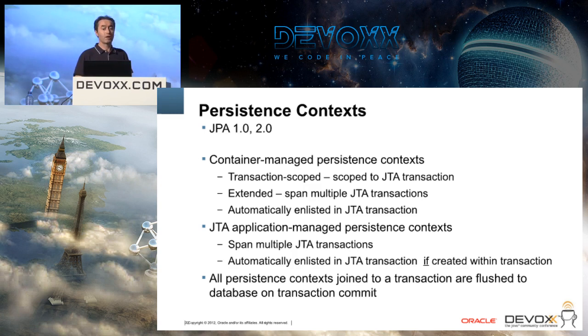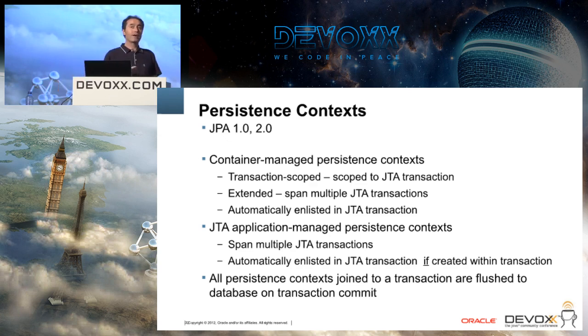In the application managed persistence context, again, they can span multiple JTA transactions, and they would be automatically enlisted in a transaction if you created it when there was a transaction. So if you're in a method in an EJB where there's no transaction active and you create an entity manager, it would not be attached. There's nothing to connect it to. You could join it later yourself manually.